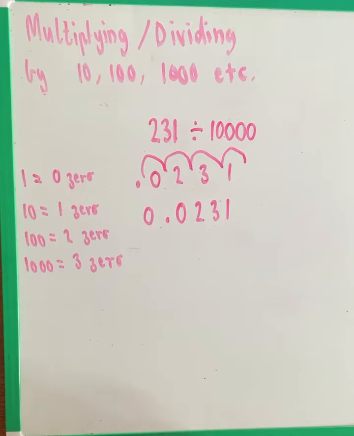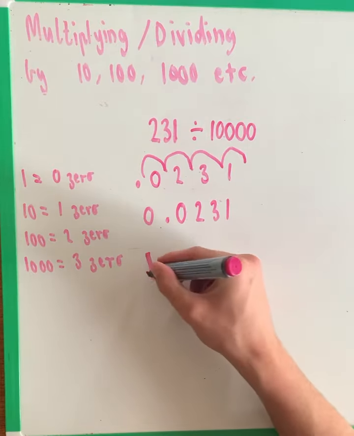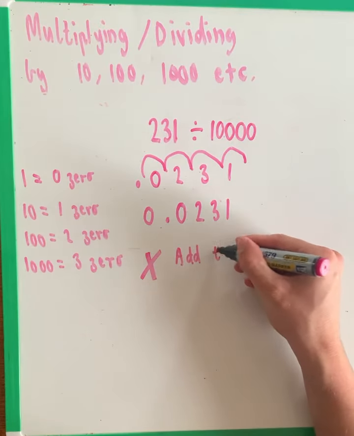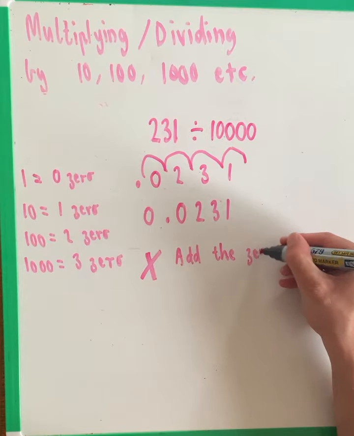So to go over it, when I'm multiplying, I add the zeros to the end.